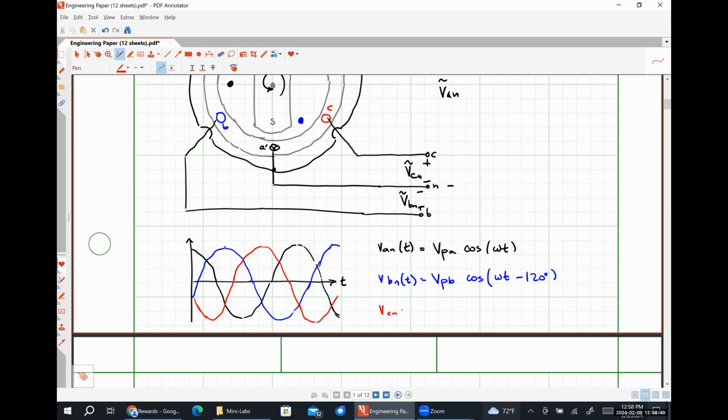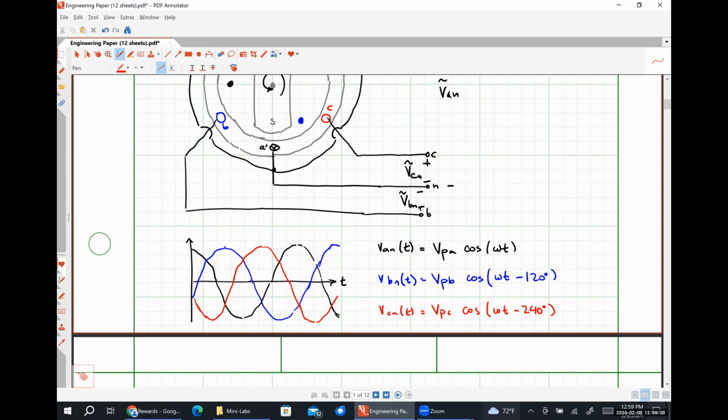Where VCN of T is VPC times the cosine of omega T minus 240 degrees. This minus 240 degrees, you might see it in some textbooks as plus 120 degrees because those are the same angles. I'm always going to use negative so that we always understand that the B phase is lagging the A phase by 120 degrees and the C phase is lagging the A phase by 240 degrees, okay?